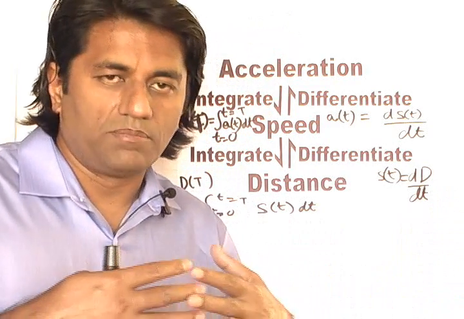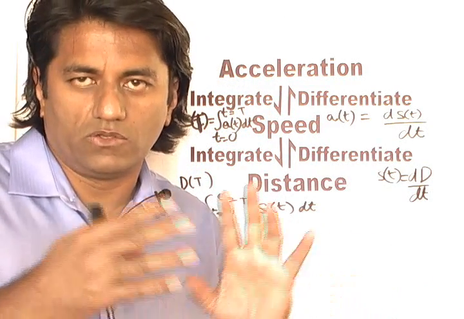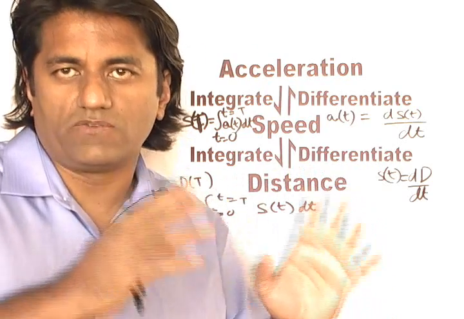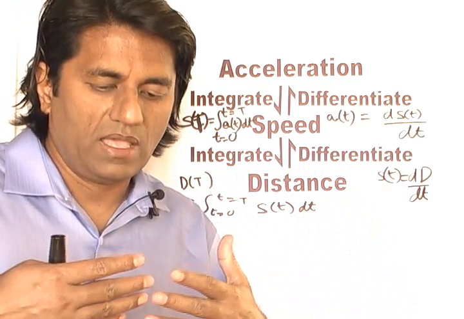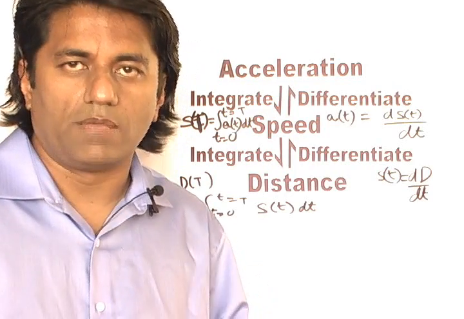And that's how we define speed, right? Speed is the rate of change of distance. When you say rate of change, that is rate of change with time. So it is the rate of change of distance with respect to time.